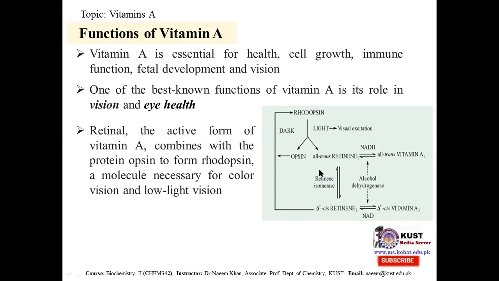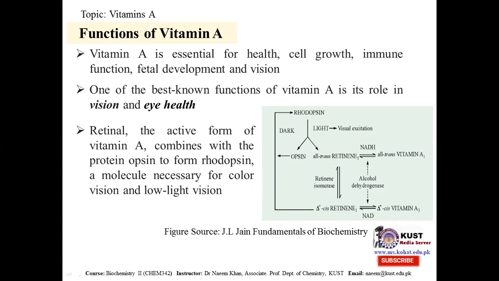And this is because in that time the opsin combines with vitamin A and rhodopsin is formed, and this rhodopsin enables us to see things in the dim light. So the most important function of vitamin A is that it combines with opsin to form rhodopsin, and this rhodopsin enables us to see things in the dim light.